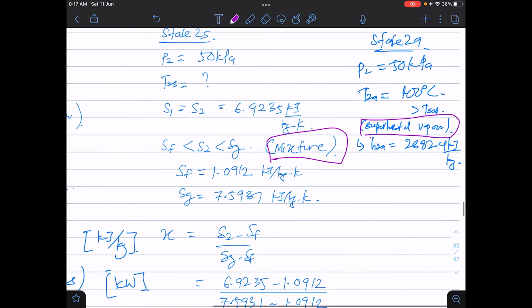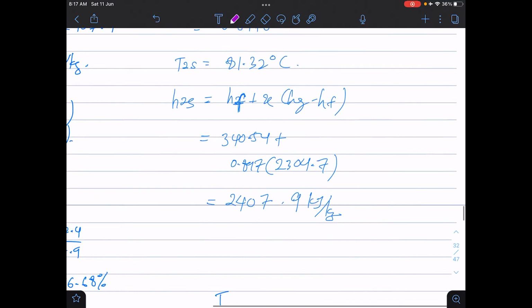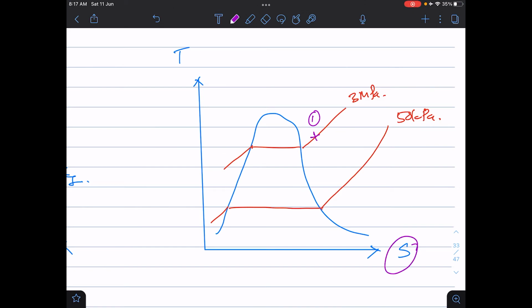So for the isentropic, you will have constant entropy, and inside the TS diagram, because the x-axis is the entropy, your line should go straight downward. Because the entropy is the same, S1 is equal to S2s, S indicating isentropic, that's why you get a mixture here. If you don't get the mixture, you need to readjust the diagram.